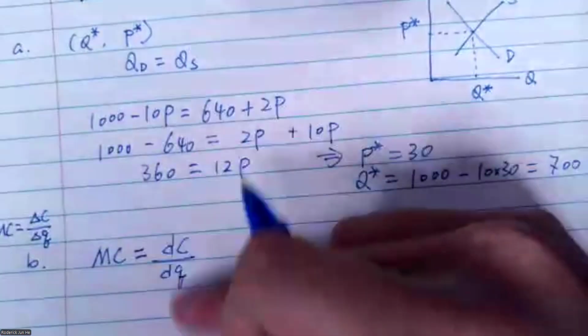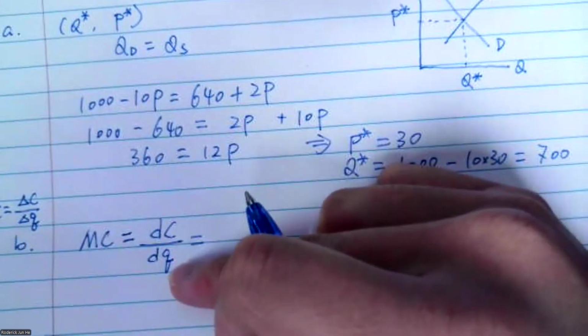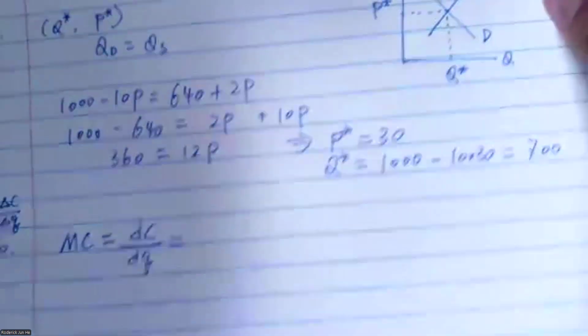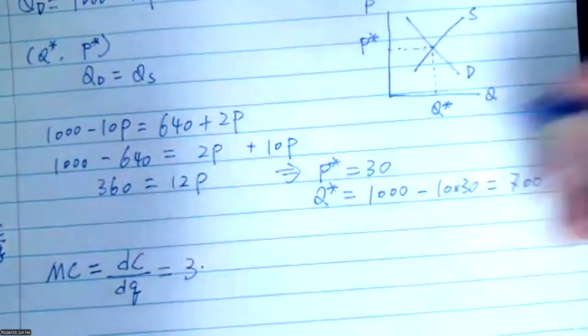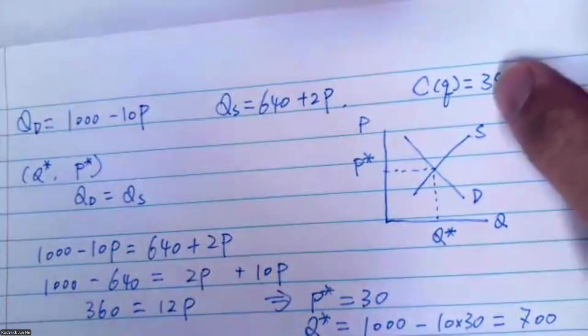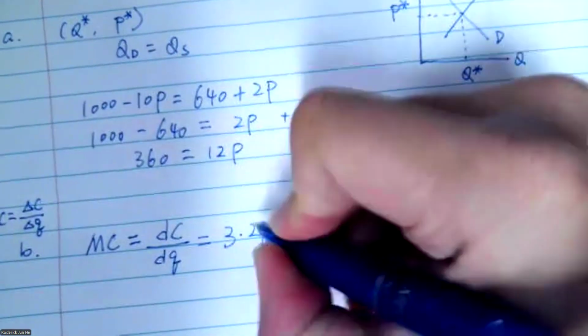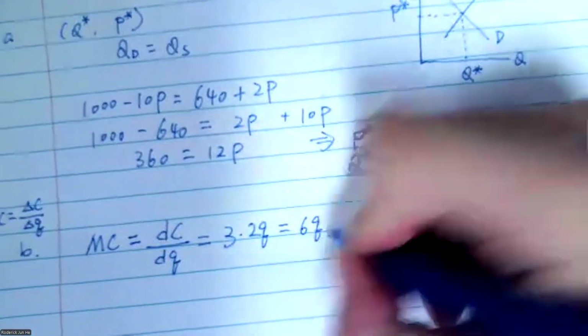Instead, we have this mathematical expression, so we should use the math way, which is to take its derivative. MC equals the derivative of 3Q squared with respect to Q. We keep the 3 and the multiplication sign, by the constant multiplication rule, and then apply the derivative to Q squared, which is 2Q. So the result is 6Q.